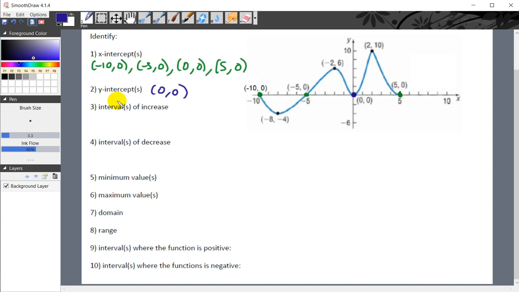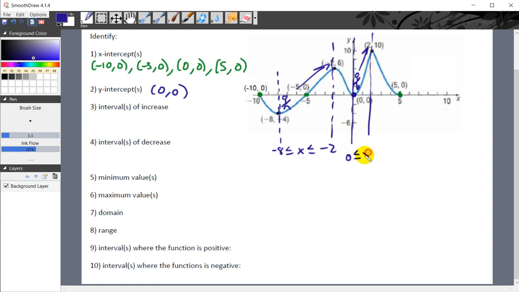Intervals of increase. I'll help you guys out with this. Again, I think I used Shyla as an example. This is Shyla here at the bottom of the hill. That's the low point, and as you come up, that would be the interval of increase. For example, what I see here, we have from -8 until -2, it looks like, and then we have this here, and she's going up here.